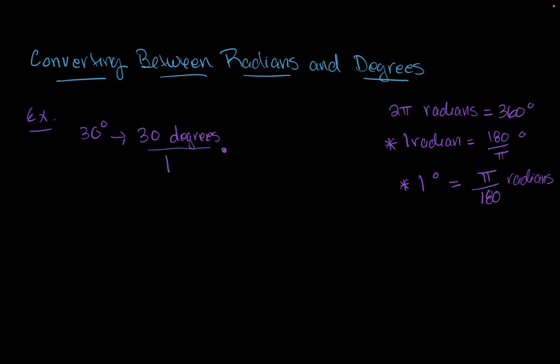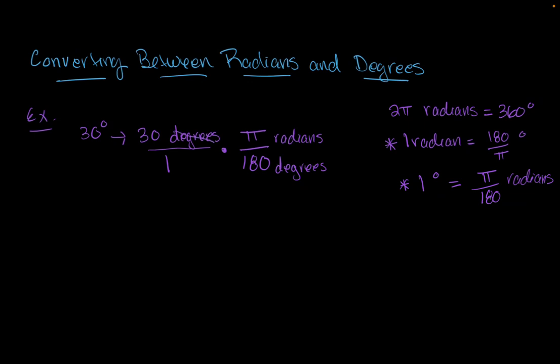So I need to multiply by something that has degrees in the denominator so that the degrees will cancel out. So I need to multiply it by pi divided by 180, because you should recognize that the 180 is the degree part. So pi radians is equal to 180 degrees.